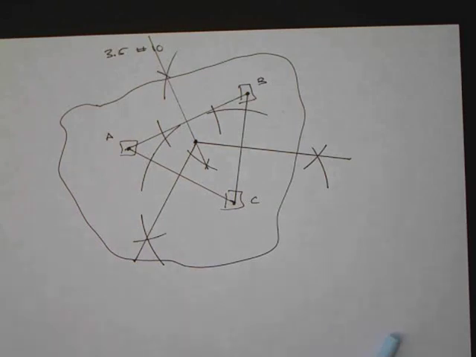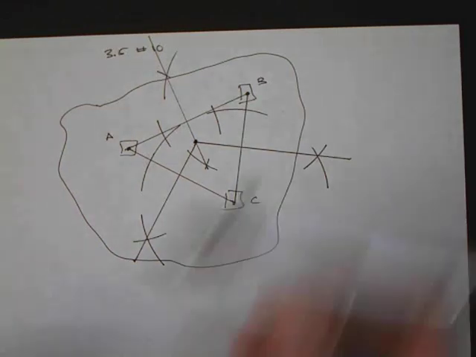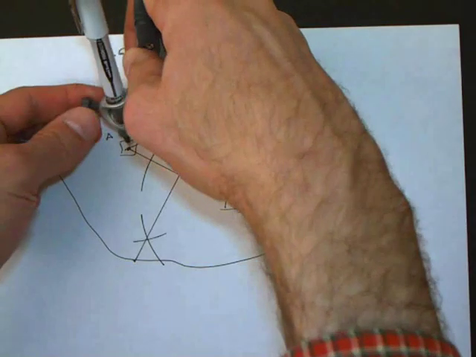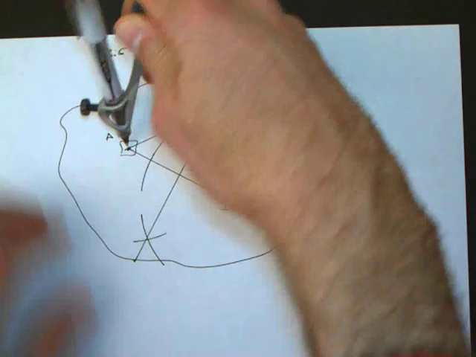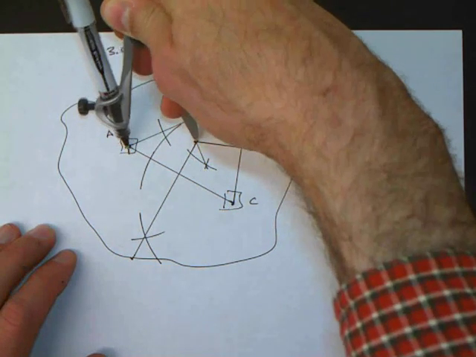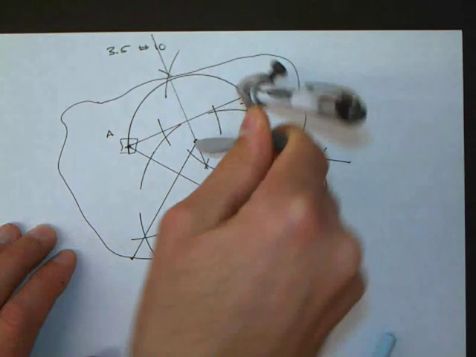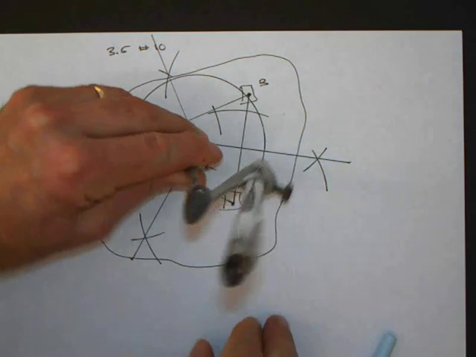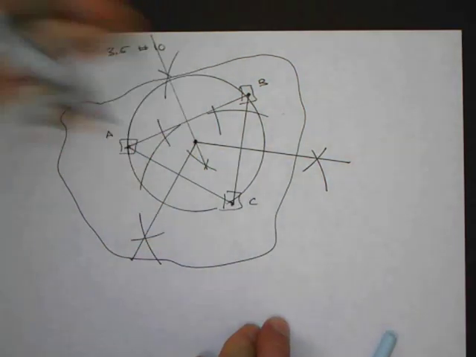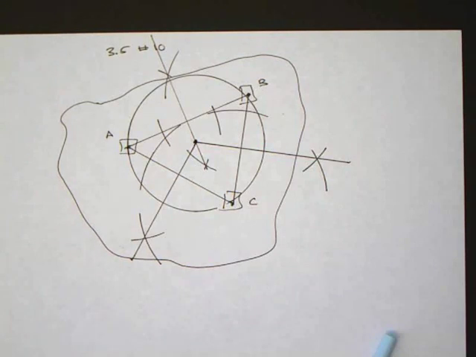Let's try something. B compared to A. B looks so much smaller. I'm going to measure the distance to A from that center. Watch closely. Oh, it was closer. C was the furthest.